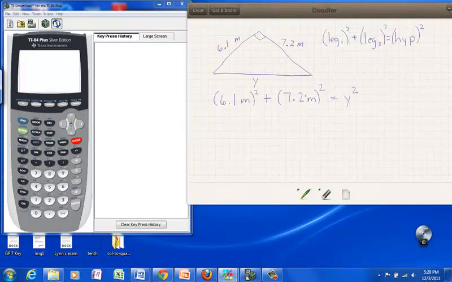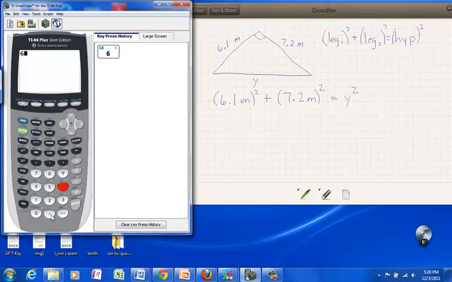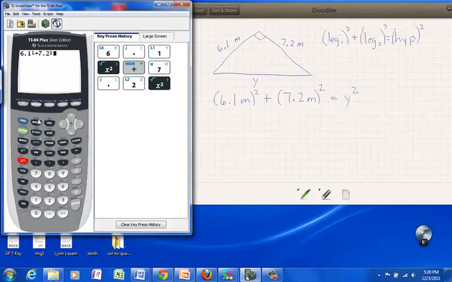And now I want to solve this equation. So I've got 6.1 squared plus 7.2 squared. Let's do a little work over here. And I did all of that arithmetic over here in one step.